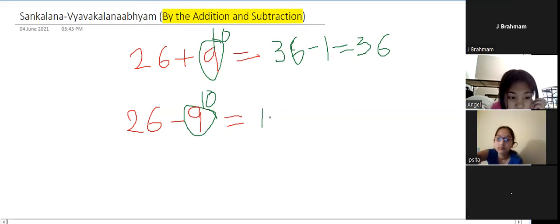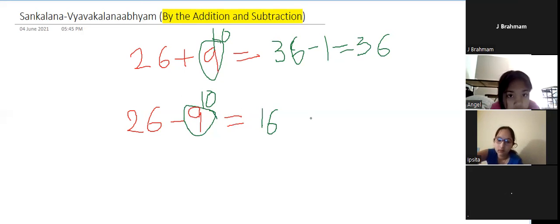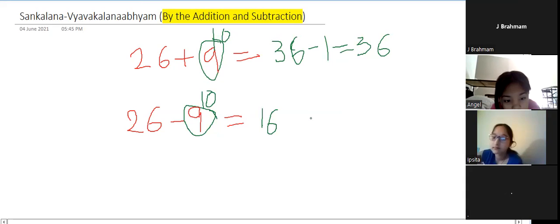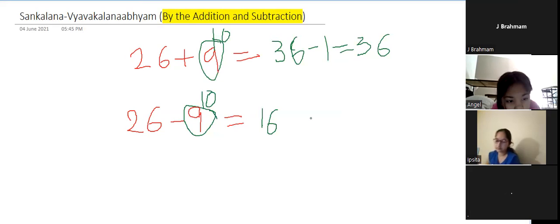16. In place of 9, we have subtracted 10, which means we have subtracted one extra. Then we have to give back.